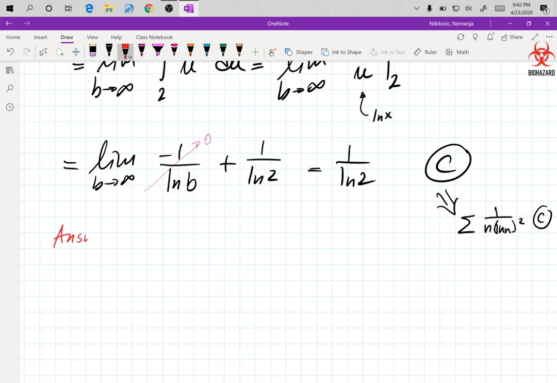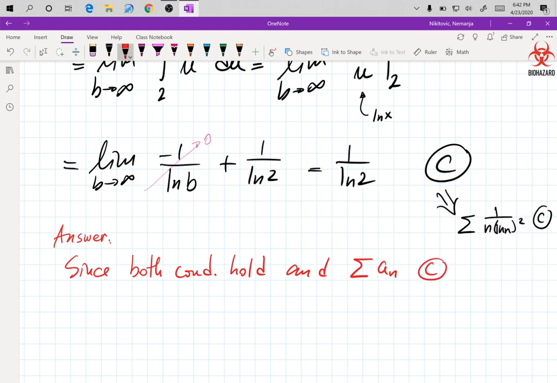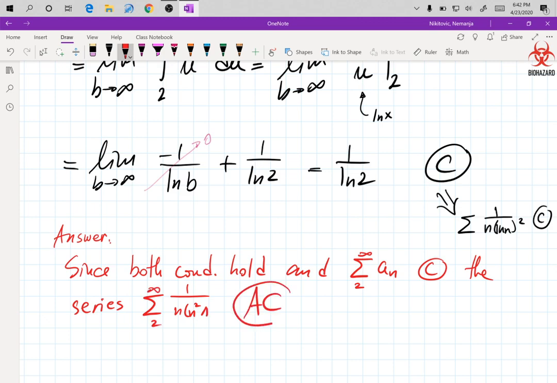So answer: since both conditions hold, and summation of an converges, in this case by integral test, the series summation 1 over n ln squared n from 2 to infinity converges absolutely. So AC, absolute convergence.